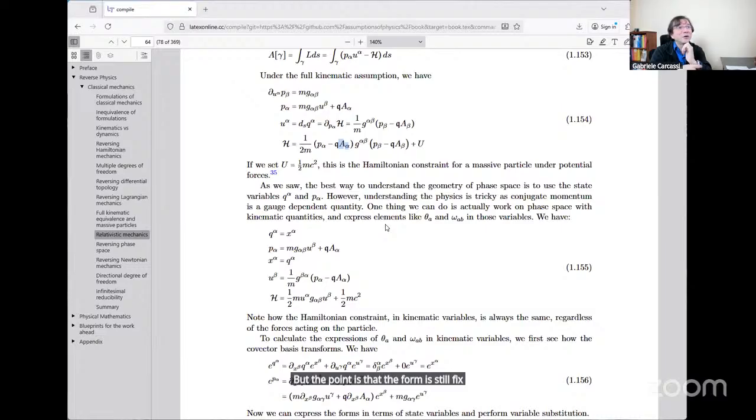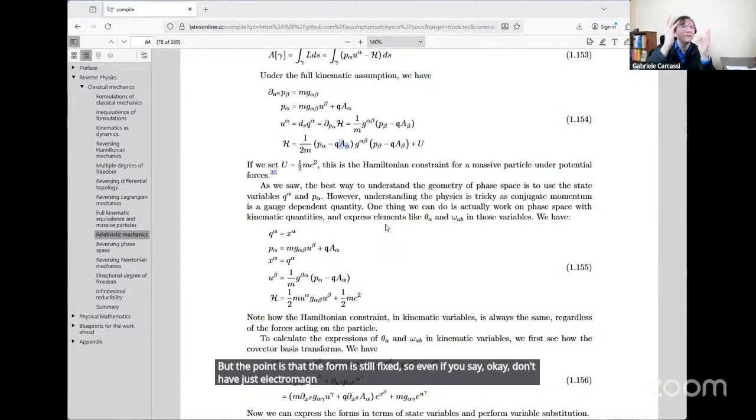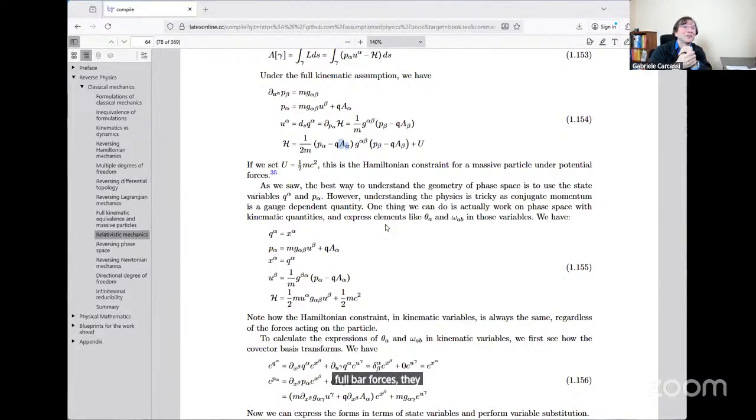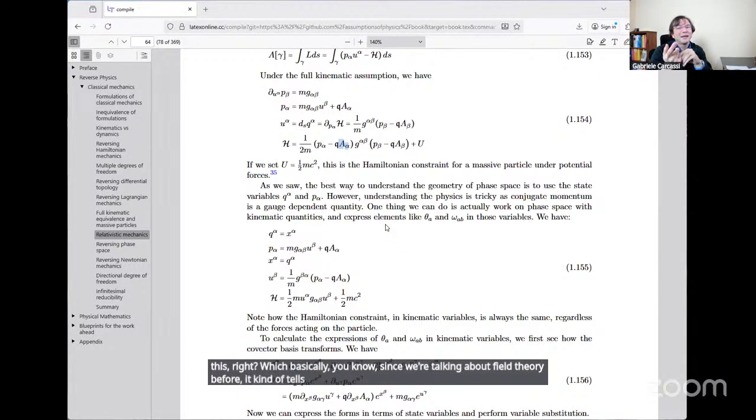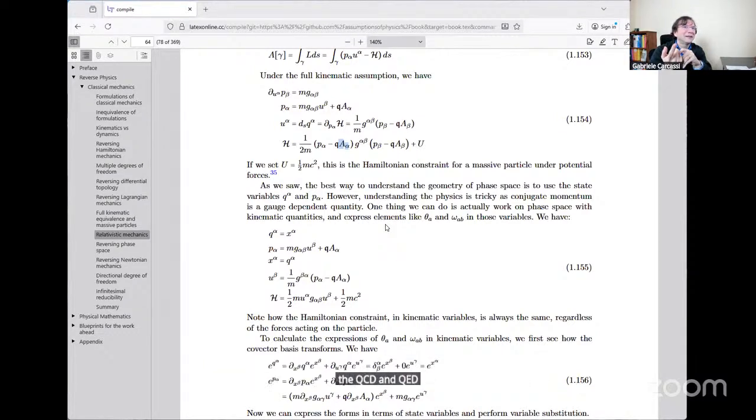So even if you say, okay, I don't have just electromagnetic forces, I have foo-bar forces, they will still have to follow this, right? Since we were talking about field theory before, it kind of tells you why QCD and QED are so similar, right? Because they all follow this form.